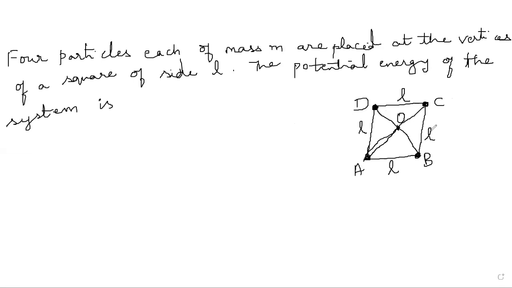If I want to find that, I'm going to use the Pythagoras theorem. Why? Because I know the distances AB and BC, but I don't know the distance of AC.